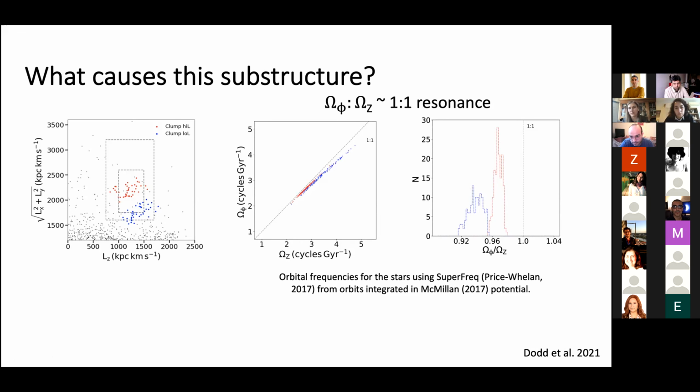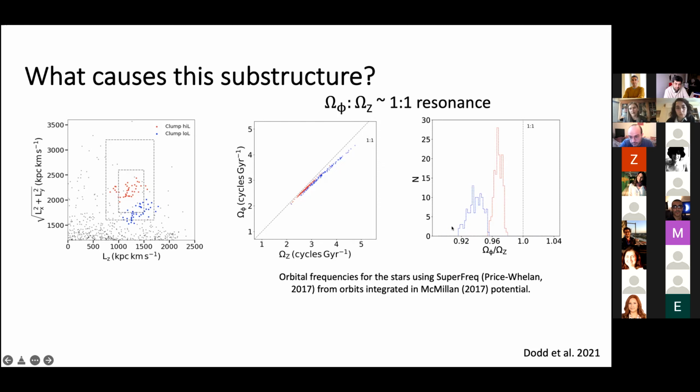So this means they're on slightly different orbits. And the fact that this distribution of the frequencies is narrower and more peaked means that the stars are on even more similar orbits than the blue stars are, if that makes sense.